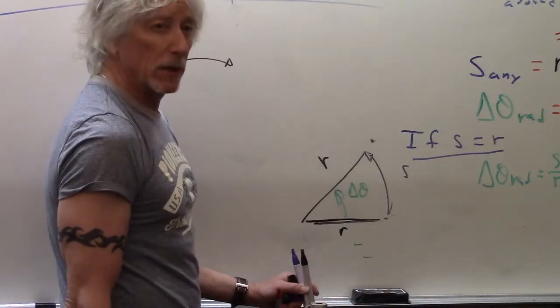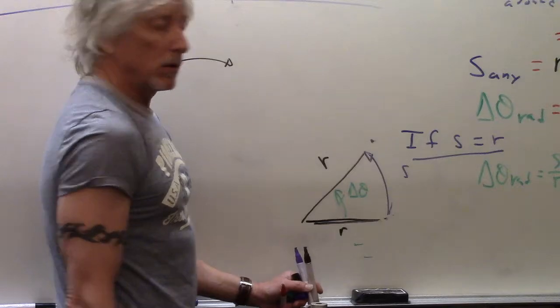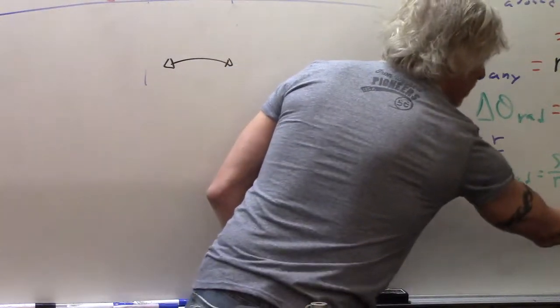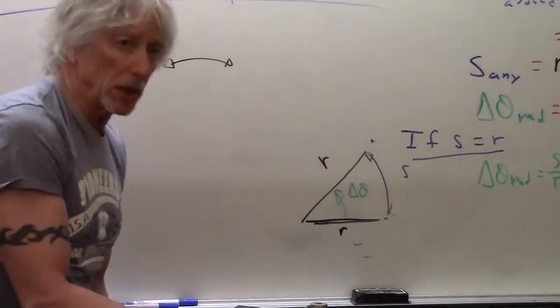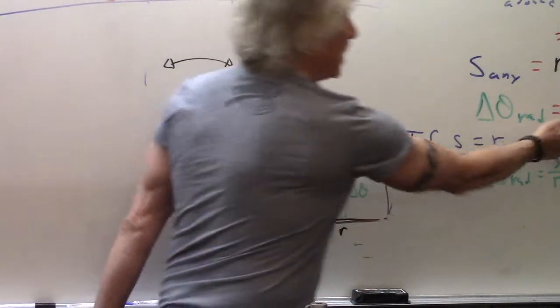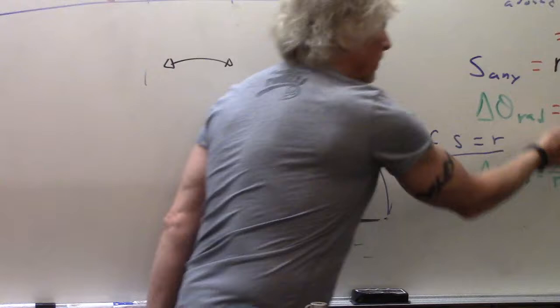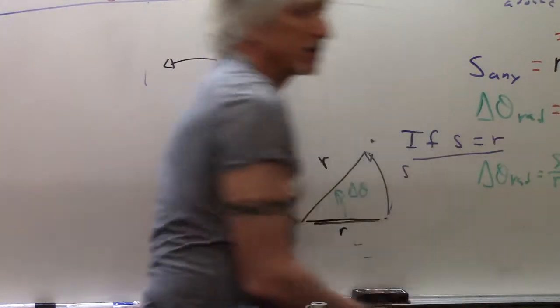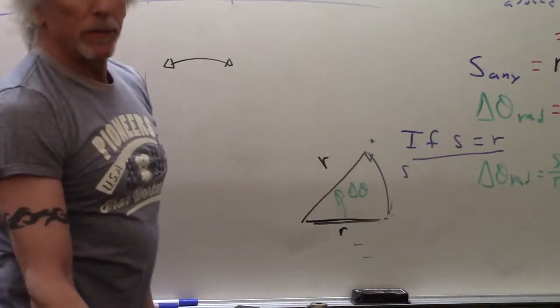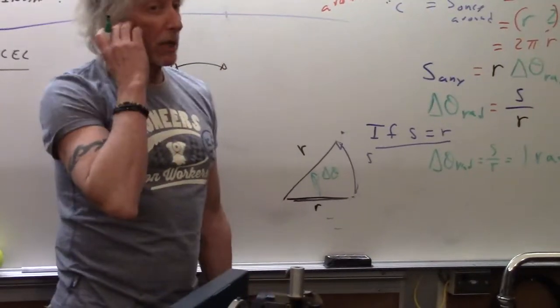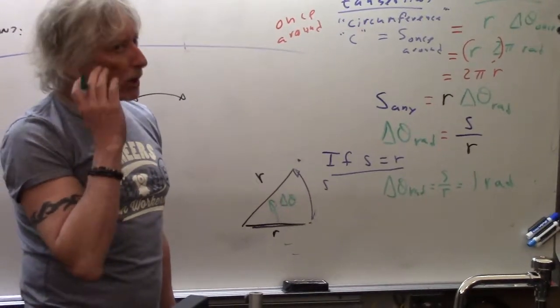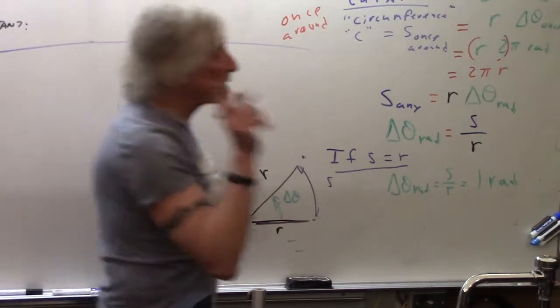And 1 what? 1 radian. People often call radians a dimensionless unit because it's meters divided by meters, centimeters divided by centimeters, inch divided by inch. Right? But I like to keep the radians in when you're doing this analysis, certainly while you're learning. Keep the radians because there's a difference.